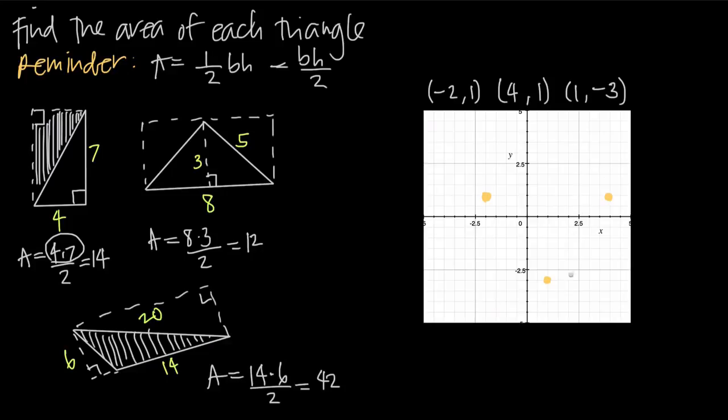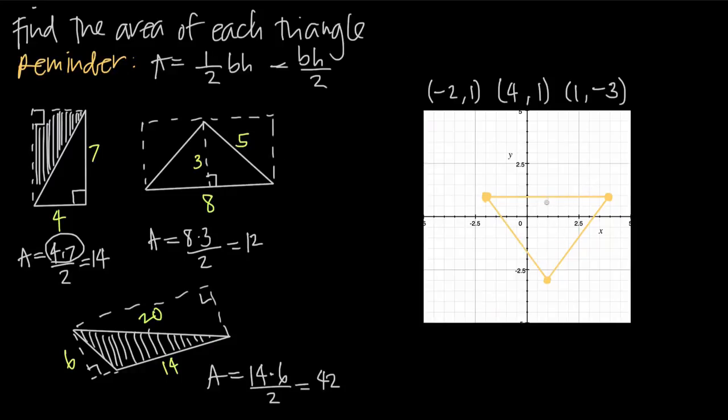And then we can go ahead and connect these points to form a triangle, and this is what it looks like. These points are directly across from each other horizontally. And then we have our final segment like this. So here's our triangle, and it's sort of similar to the second example we did here.